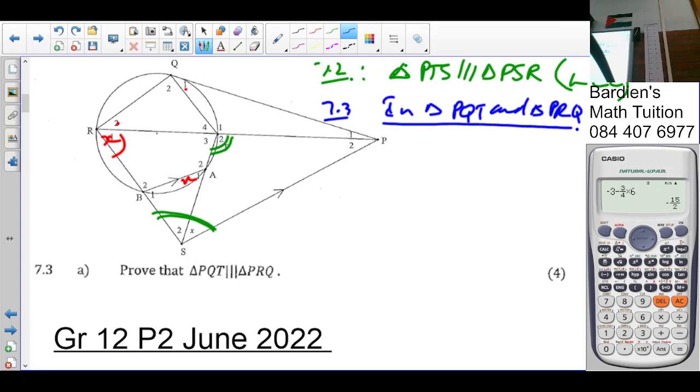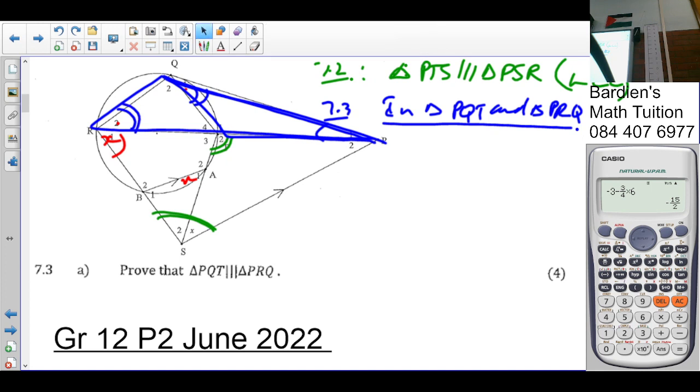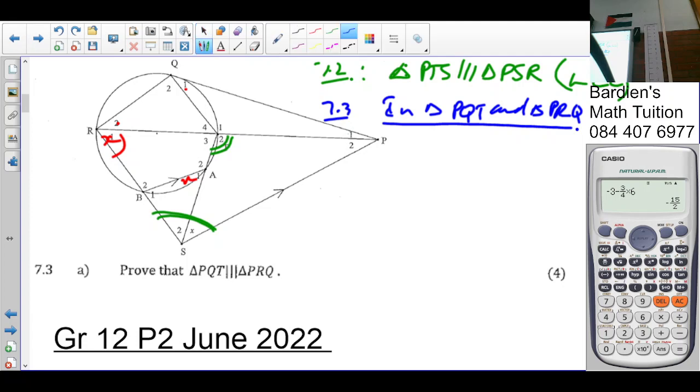So PQT and PRQ. We know that's a common angle. We know that that angle is equal to that angle, tangent theorem. And the third angle will be equal because of the third angle of a triangle. So in triangle PQT and triangle PRQ, angle P1 is a common angle.